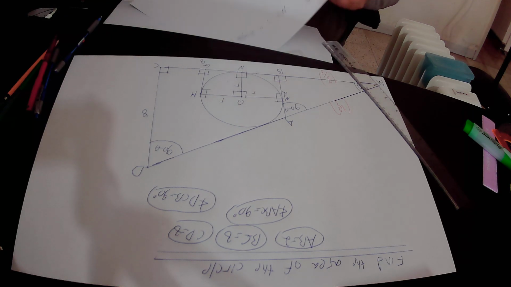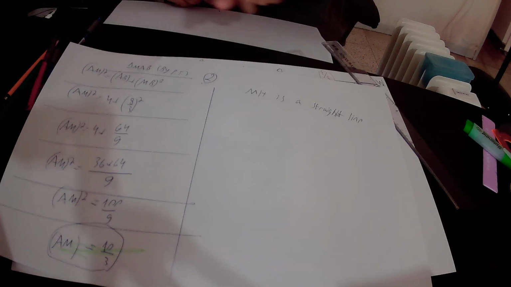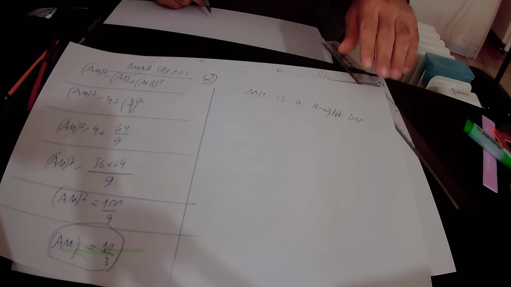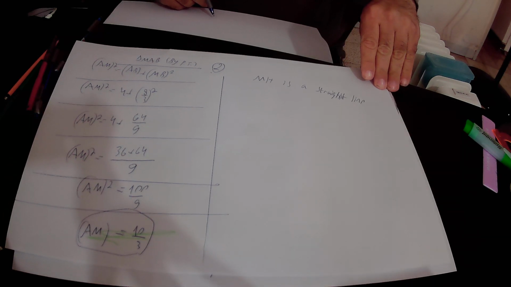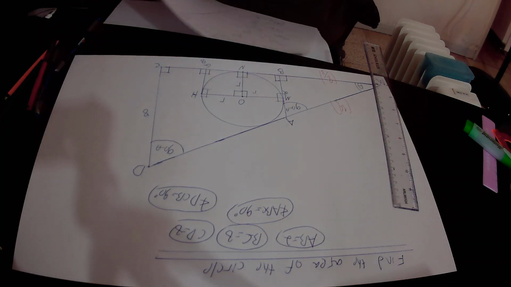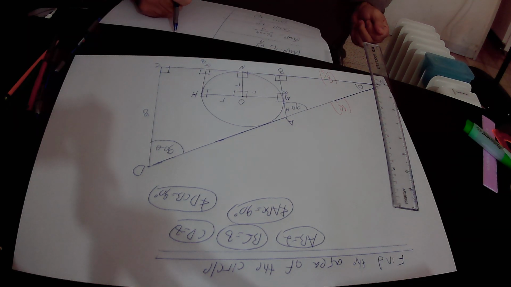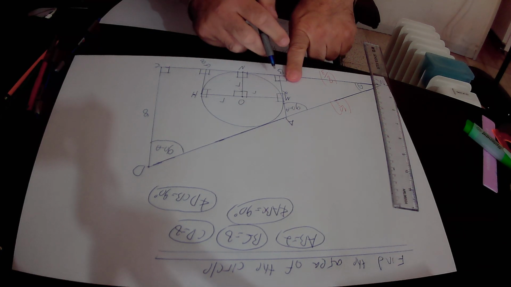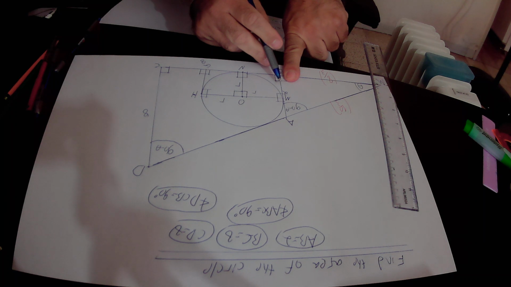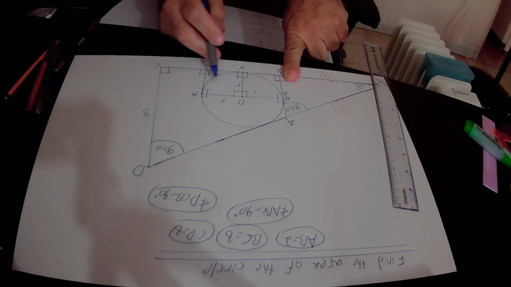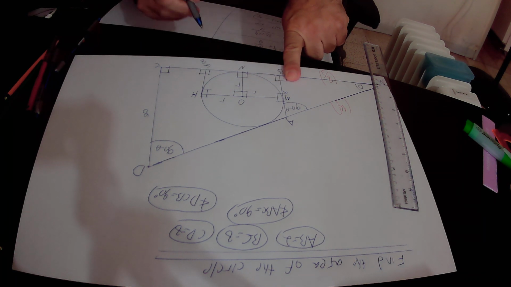But again, line segment MH is a straight line. And because of the fact that line segment MH is a straight line, MH is a chord.